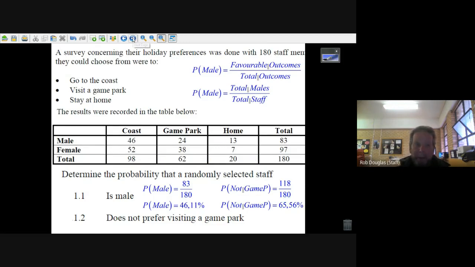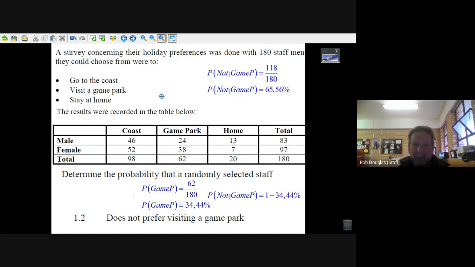There's another way of doing that. You could figure out the probability that somebody likes the game park, which is 62 over 180. That's 34.44%. Well, the probability of not preferring the game park would be 1 minus that, which would give you exactly the same answer as we got before, 65.56%.